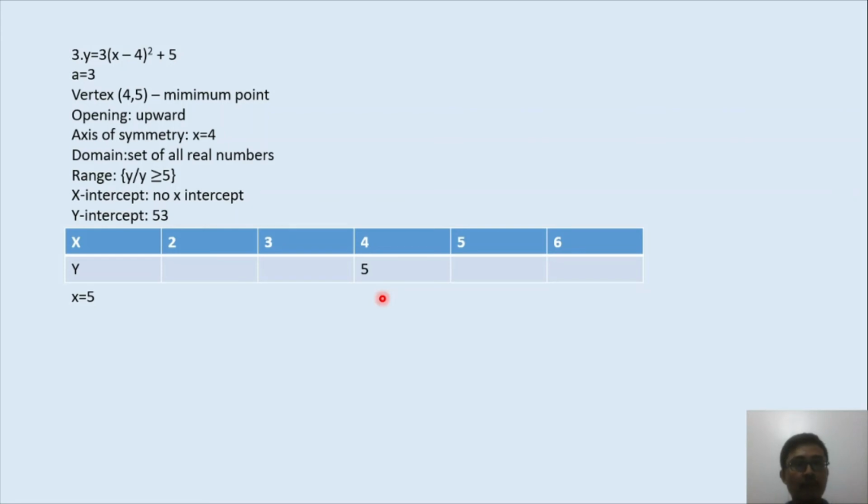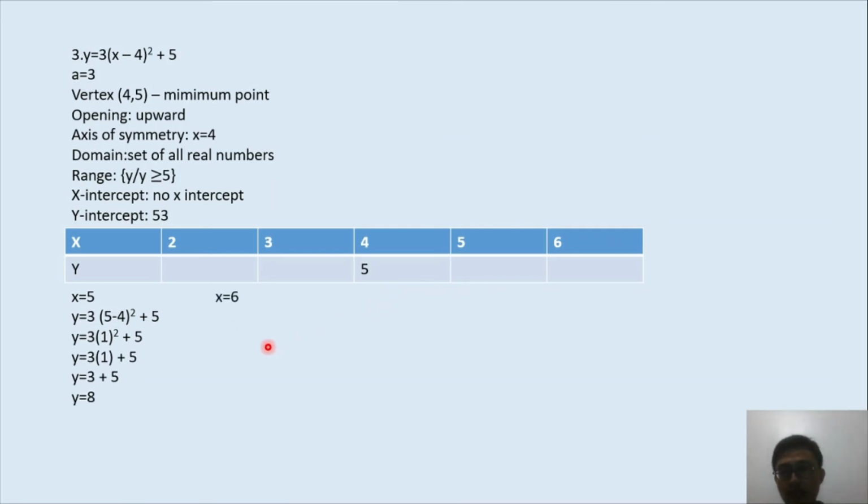So, if x equals 5, sinubstitute lang natin yung 5. So, magiging 3 times quantity 1 squared plus 5. 3 times 1 plus 5. 3 times 1 is 3 plus 5. So, y is equal to 8. So, doon sa 5, ang value niya is 8.